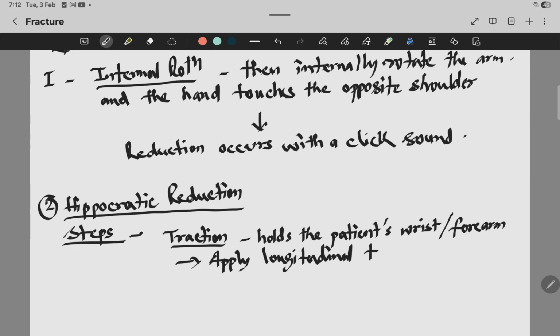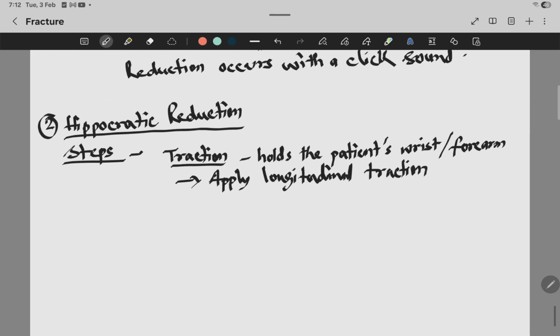Then number 2, after traction, is the counter traction.